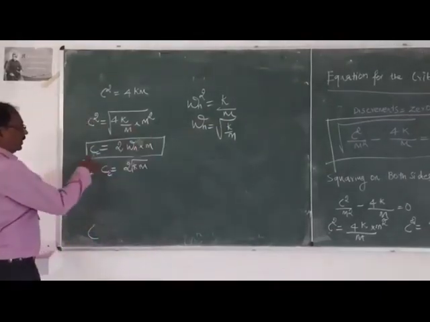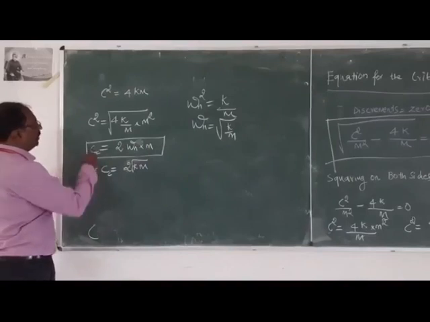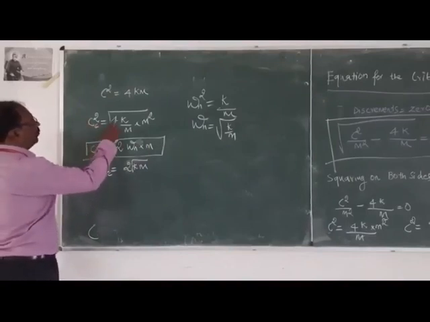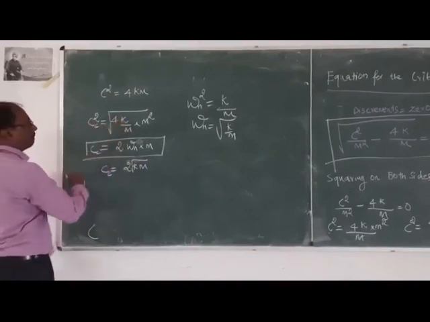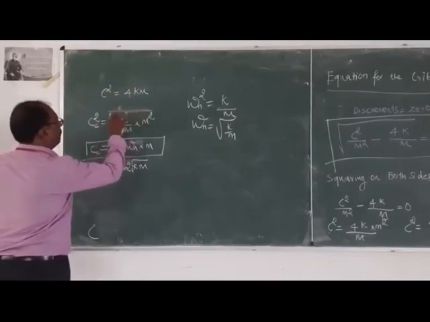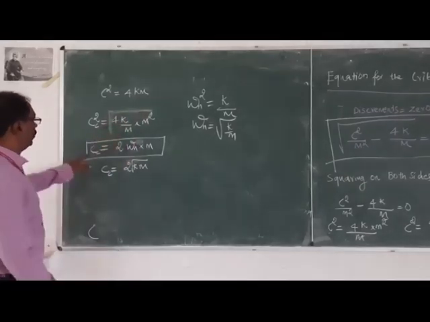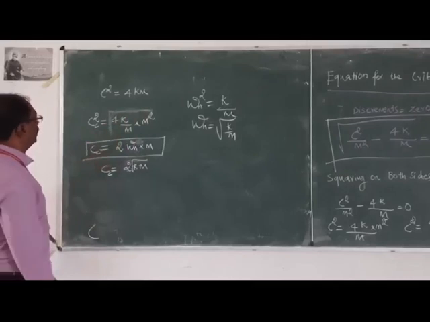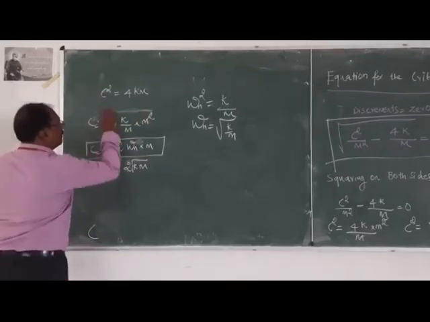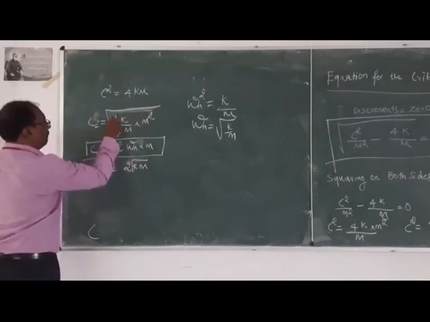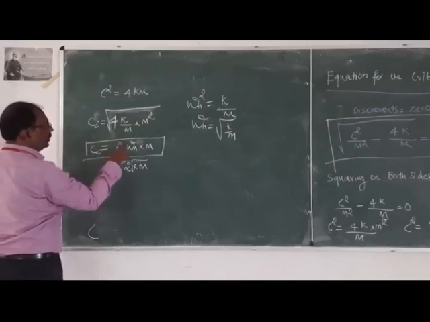Since this is the critical damping, c by cc is critical damping, so 4km. We can take the root, root of 4km and 4, then omega n.